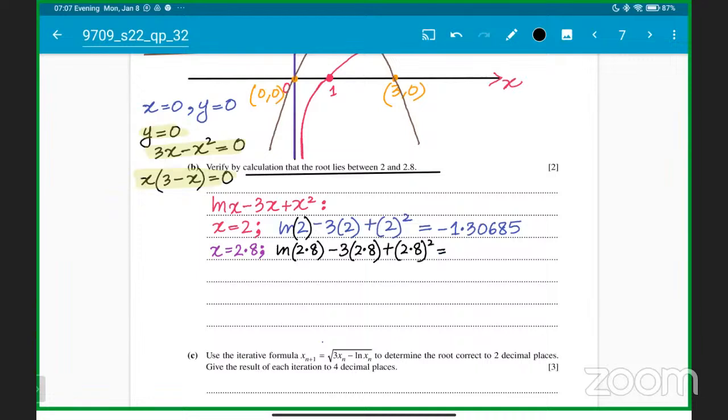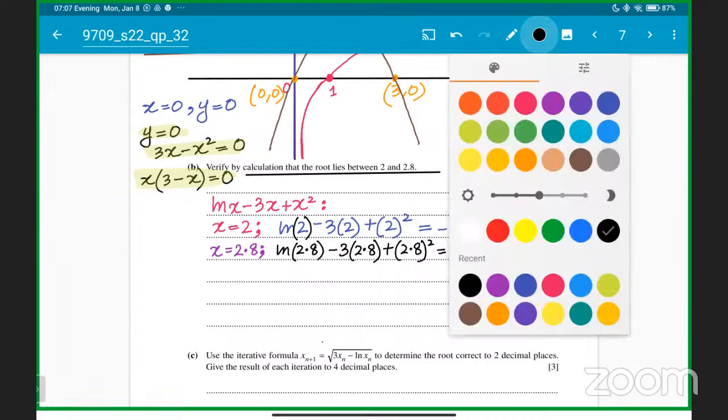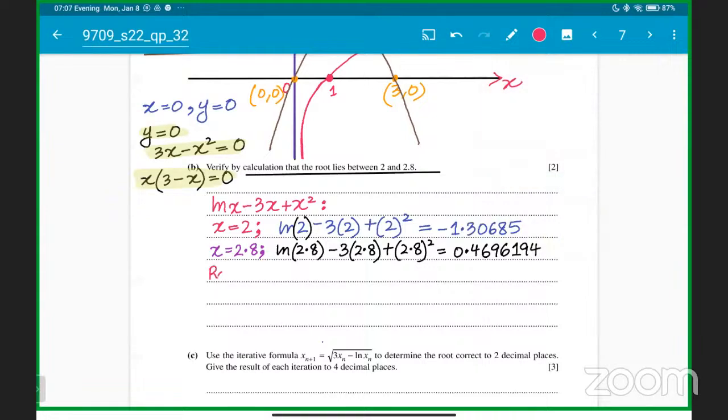We should be getting a different answer, a positive answer, that is 0.4696194, and you conclude the statement by writing, the root verified by calculation lies between 2 and 2.8, because there is the change of sign.